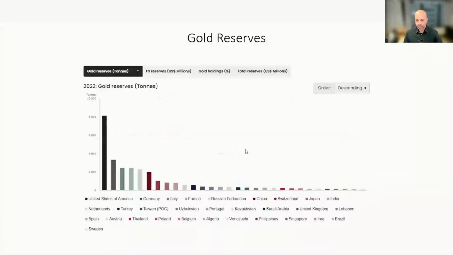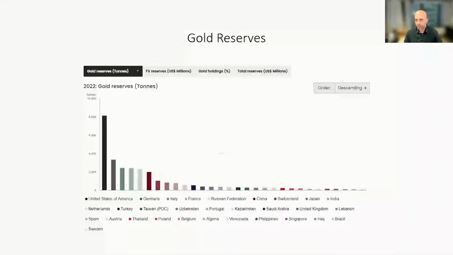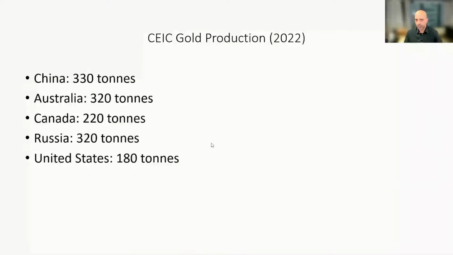Okay, so here we just take a quick look at gold reserves. So the United States has the largest gold reserves, followed by Germany and Italy. Okay, just a quick overview on gold production, right? So this is for 2022.